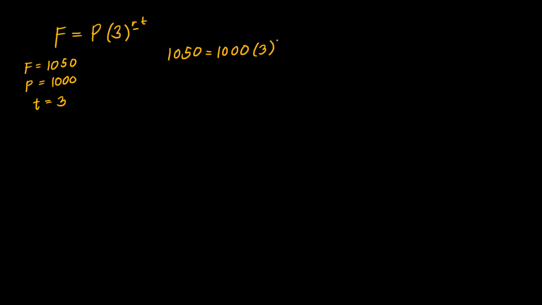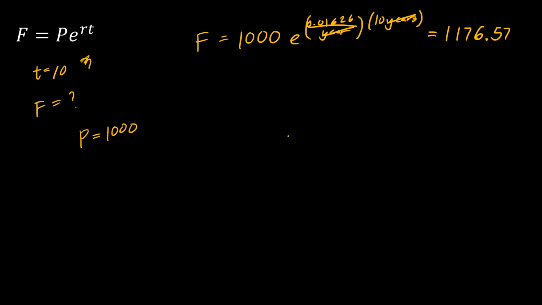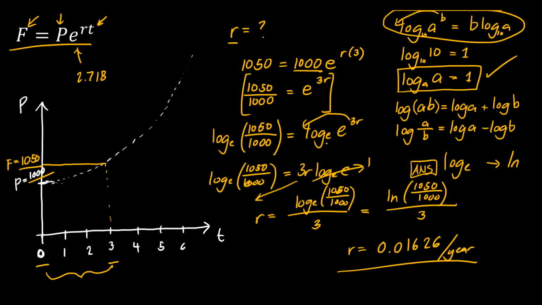So again, base 3, we don't know the r, we know the t. Standard procedure, we transpose, so we're left with this expression at the right side, and we want to bring down the unknown here, which is r.